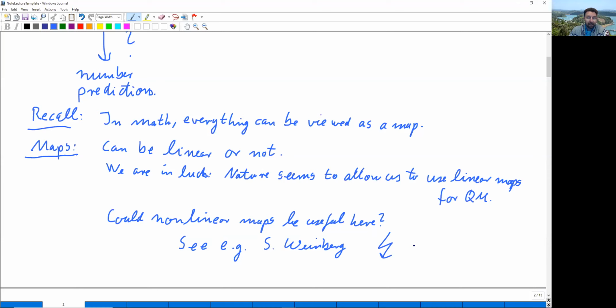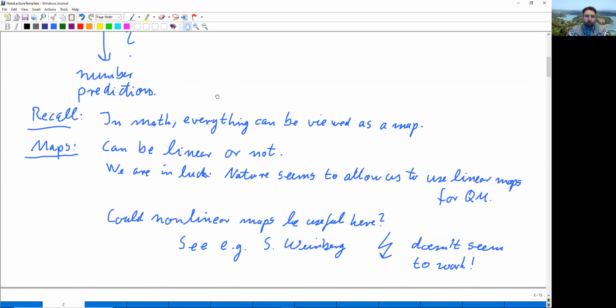So it's not only that nature doesn't use it, but it just doesn't seem to work. There is no proof that I know of that says that it cannot work, but nobody has succeeded. So this leaves us with linear maps.